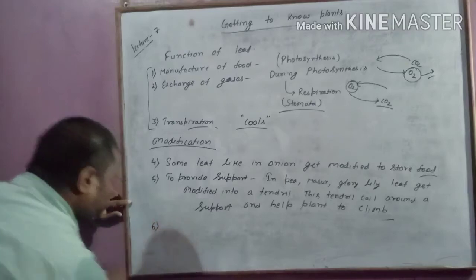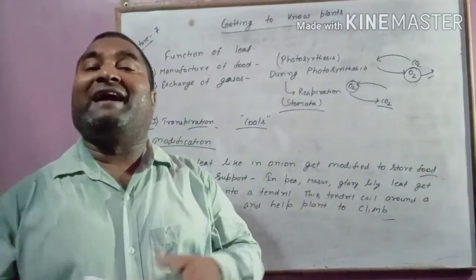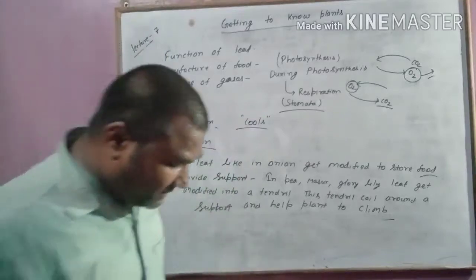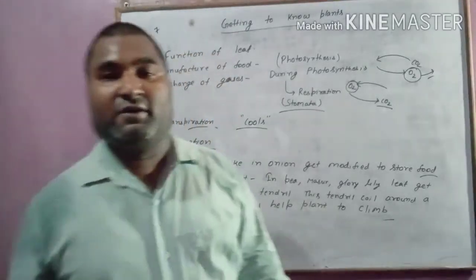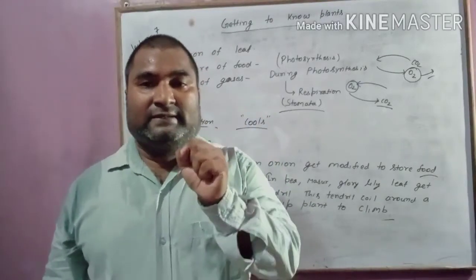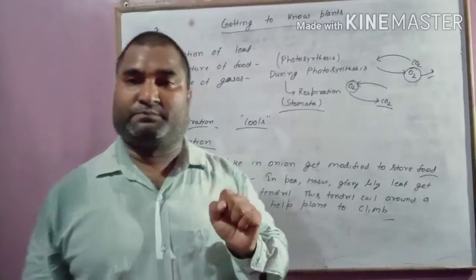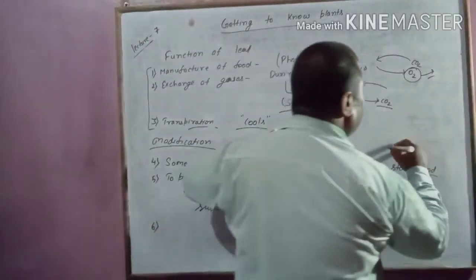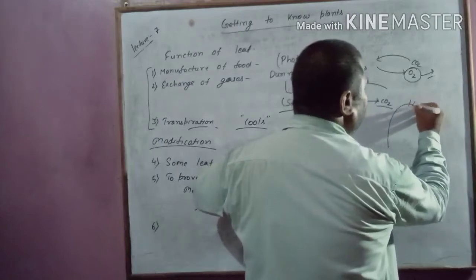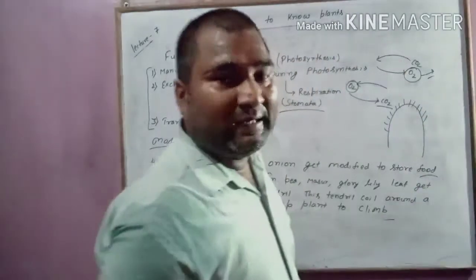Sixth modification. Sometimes leaf also provide defense, means sometimes leaf also defend. For example, cactus or prickly pear, these are the plant which is found in the desert region. So if you see a cactus, you have this spikes like structure, कांटा निकला हुआ होता है.